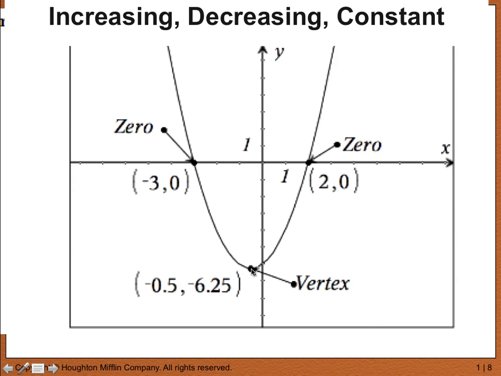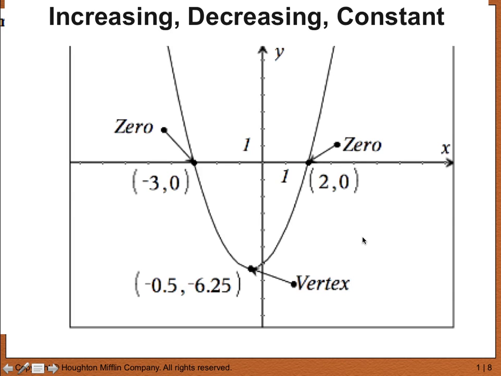Then it reaches its minimum here at the vertex, and then the whole right portion of the parabola, as the value of x increases and goes from left to right, the value of f of x increases also, and so this would be considered an increasing interval. All right, the function is increasing along this interval.